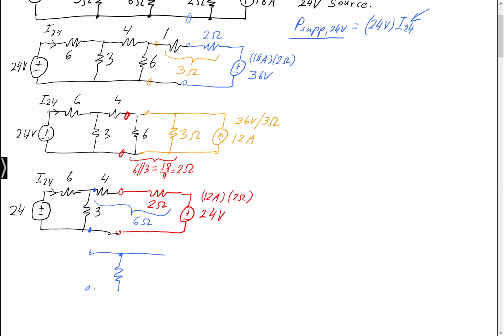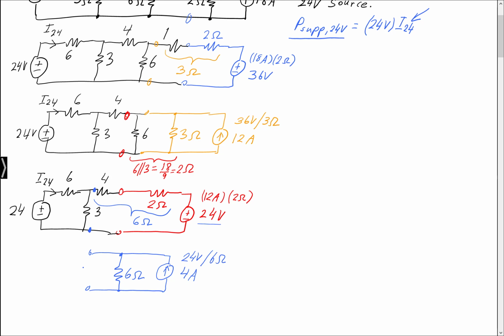So that means I have a 6 ohm here, in parallel to the current source, pointing up in the direction that the 24 volt source is pointing. What's the value of the current? It's 24 volts divided by these 6 ohms. And what is that? That's simply 4 amps.